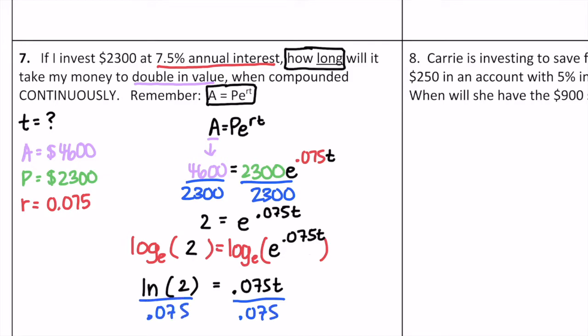And I get that t is equal to ln of 2 in my calculator divided by 0.075, and I get 9.242. So it's 9.242 years it would take for me to double my money.